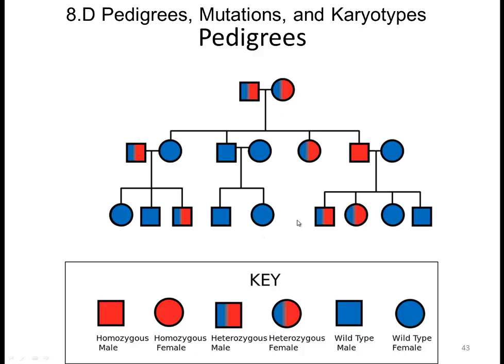So we have 1, 2, 3 generations. We can actually see husband and wife had one daughter, one son, two daughters, two sons. They got married. This particular female was a wild type, picked up the blue from the dad and the blue from the mom, married a carrier male. We actually have a male blue, married blue.